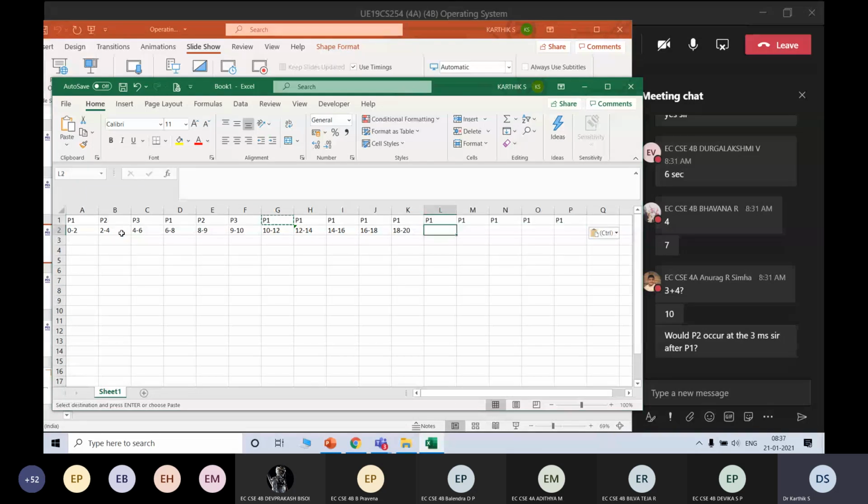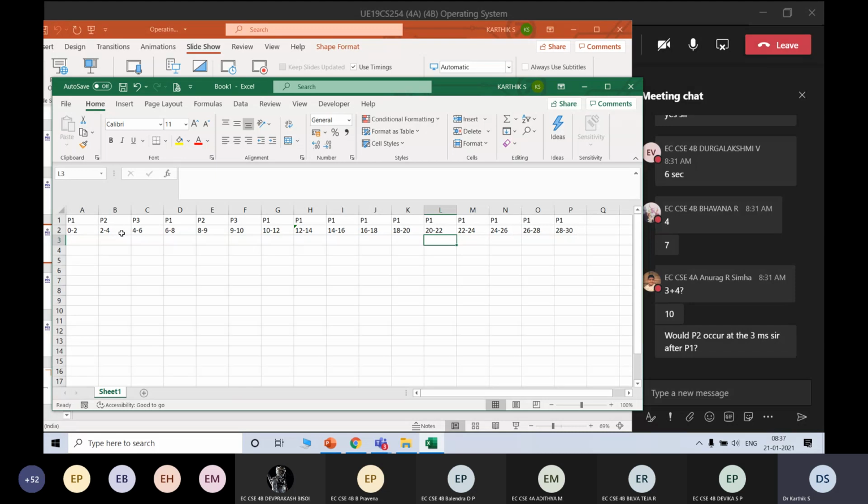So 12 two times, it is 24. Then 20 to 22, 22 to 24, 24 to 26, 26 to 28, and 28 to 30. This is how your Gantt chart will look.